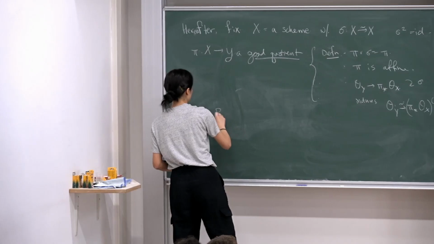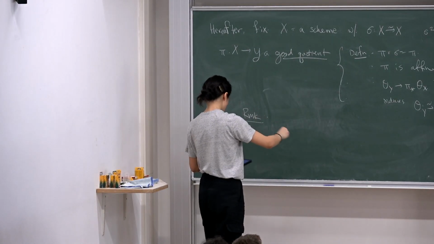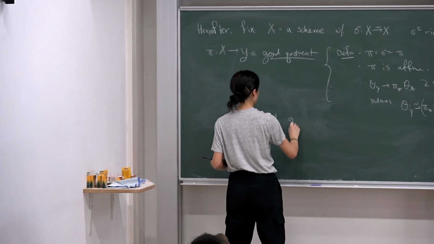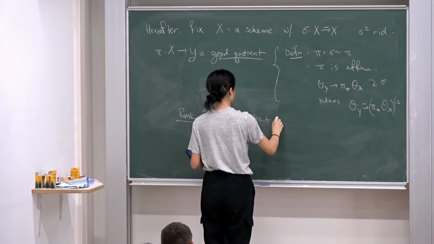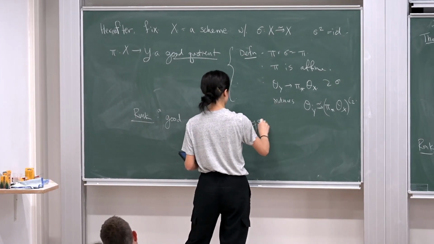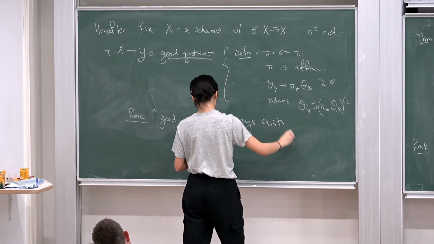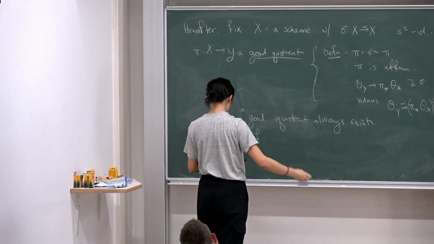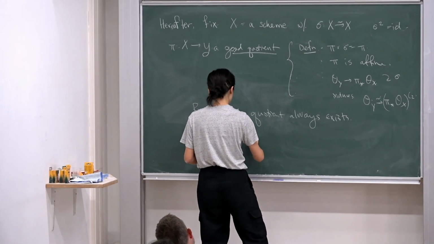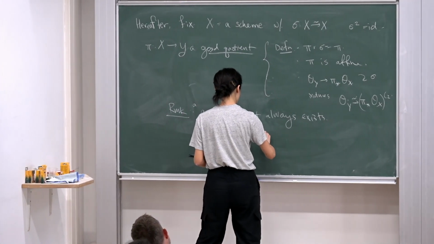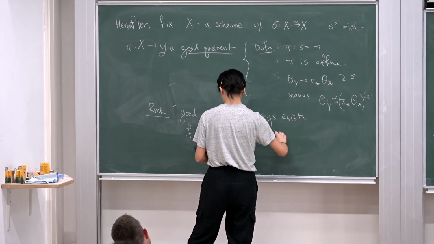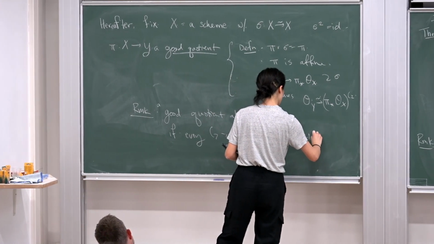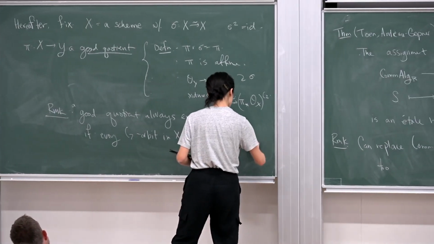And maybe a remark is that this good quotient always exists, in fact it exists if and only if every C2 orbit in X is contained in an affine open subscheme.